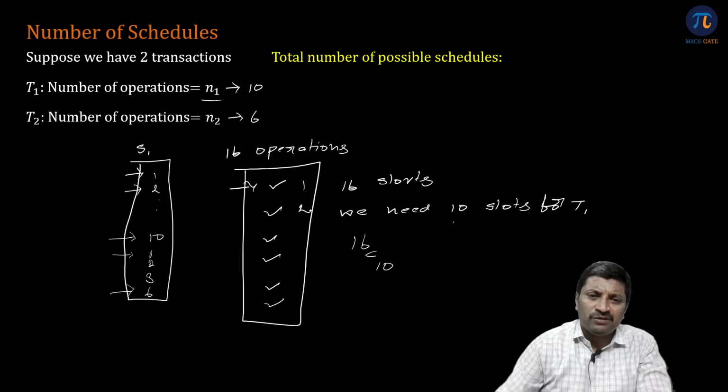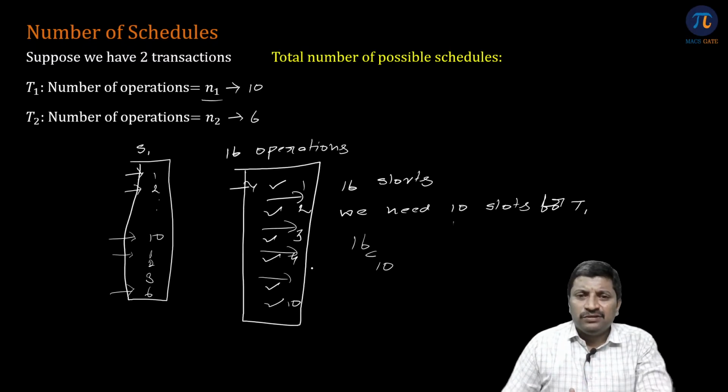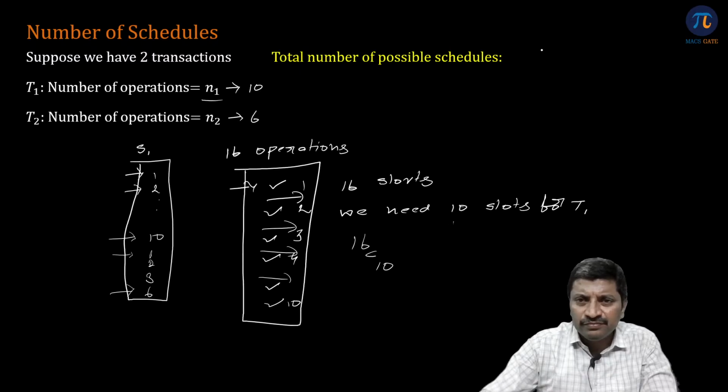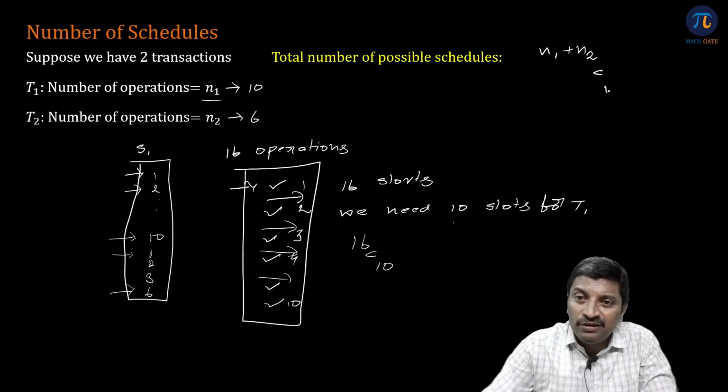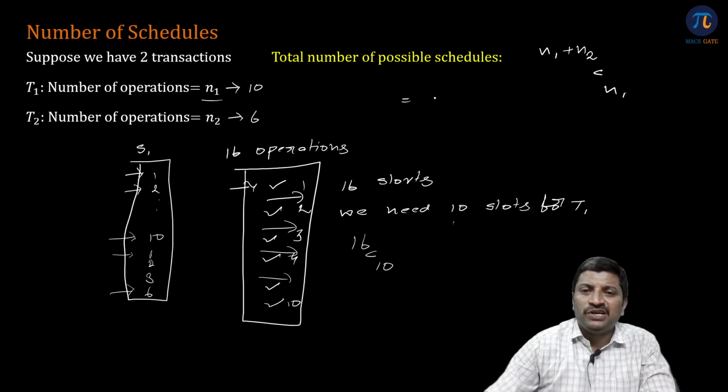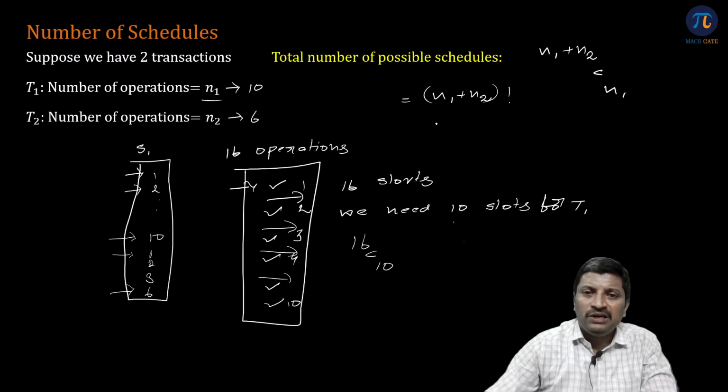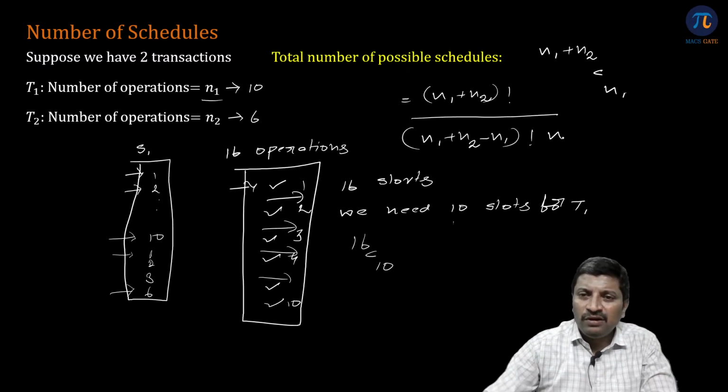In all these, I will write the 10 operations. In the remaining slots, I will write T2. Right? So out of the total N1 plus N2 slots, how many slots do you need for T1, sir? You need N1. What is the value of it, sir? According to the formula, it will be (N1 plus N2) factorial divided by (N1 plus N2 minus N1) factorial into N1 factorial. So what is the answer, sir?